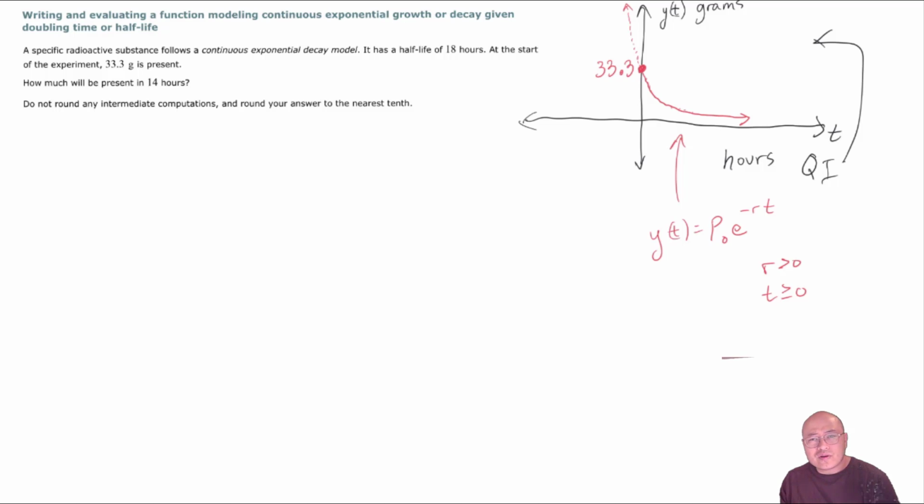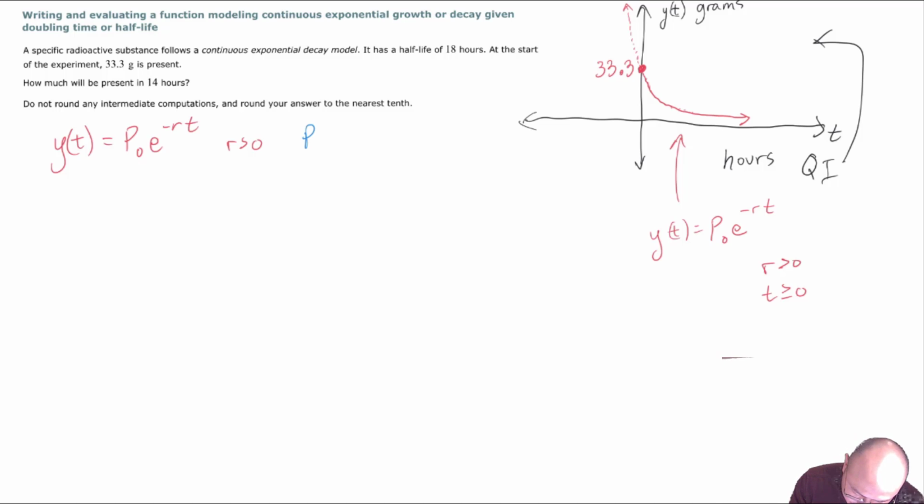And that's where we're going to start. We're going to start with that y of t model. The y of t model is a continuous exponential decay, where p sub naught times e to the negative rt, r is greater than 0, and we're given p sub naught in the problem. Remember that p sub naught is simply p of 0, and that is actually given.